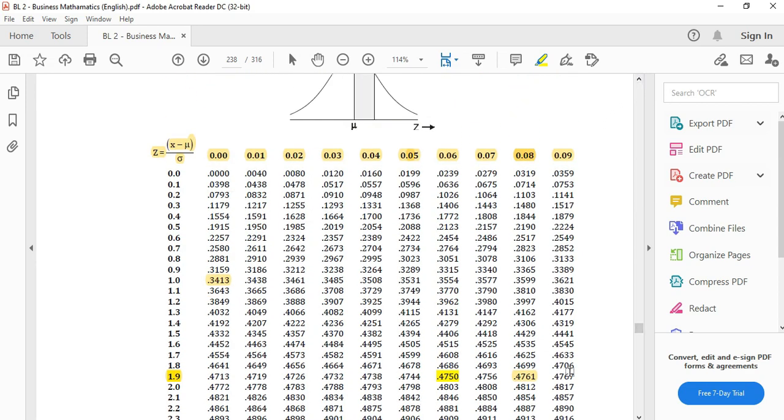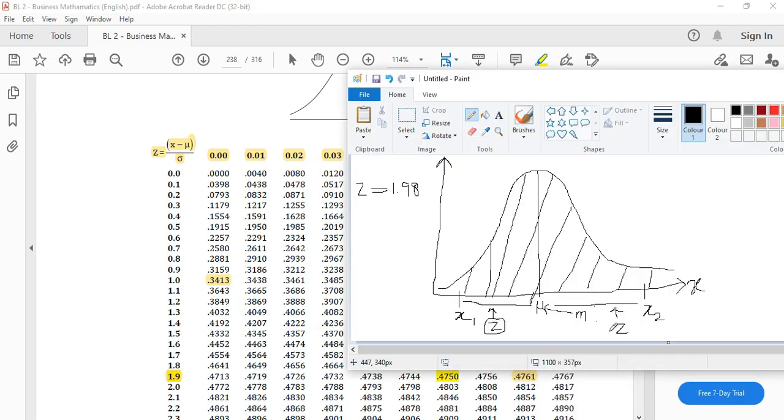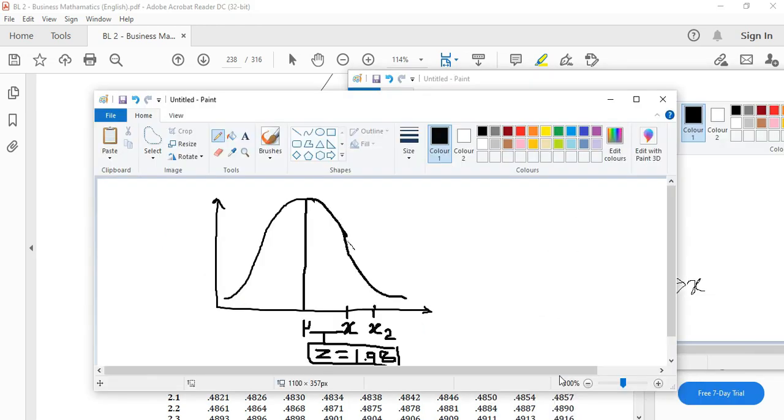Fine. So the x value is basically the normal distribution data. Alright, it's the normal distribution. And this is the mean and this is the standard deviation, but z is the number of standard deviations. Okay. So 1.98 is this gap between the mean and the x, not x2.